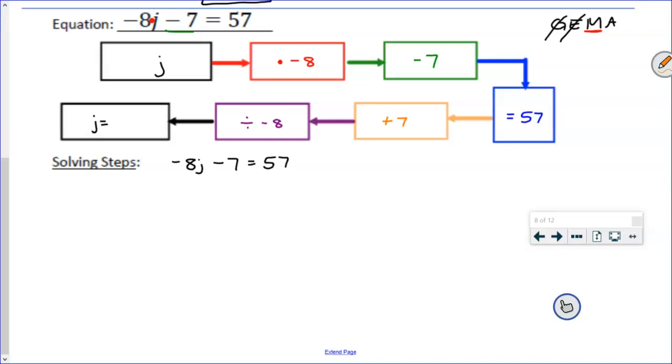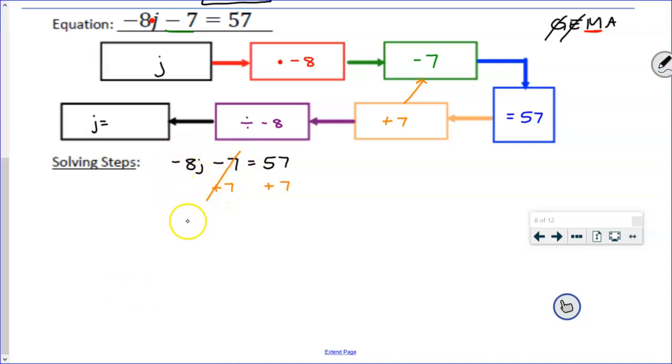First thing that I'm doing, I'm going to, I lost my cursor, add 7. Remember, I'm adding 7 because it will undo subtracting 7. So add 7 to one side and add 7 to the other side. The whole reason I chose to add was to undo this, so I know that that is going to be undone.